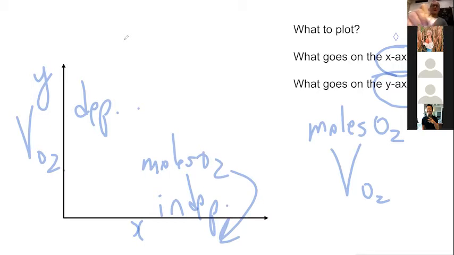So we'll make some points, and then we're going to put a straight line through them. What's going to be the slope of that line? What is going to relate moles to volume?